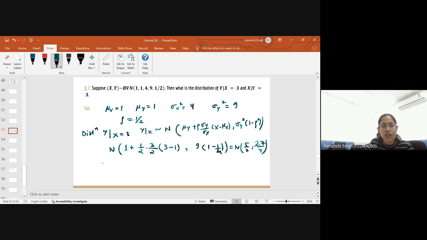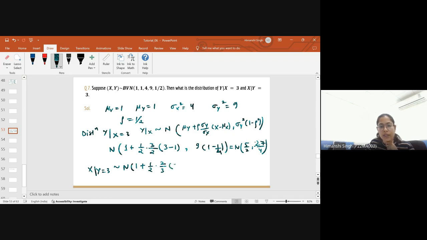And again, what we need to find is x given y is equal to 3. So it follows normal with mean mu x, which is 1, plus rho, which is 1 by 2, into sigma x by sigma y, where sigma x is 2 and sigma y is 3, into y minus mu y.